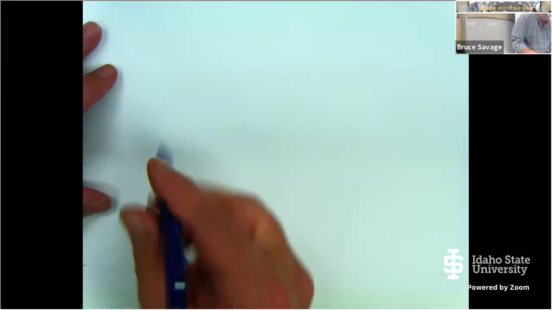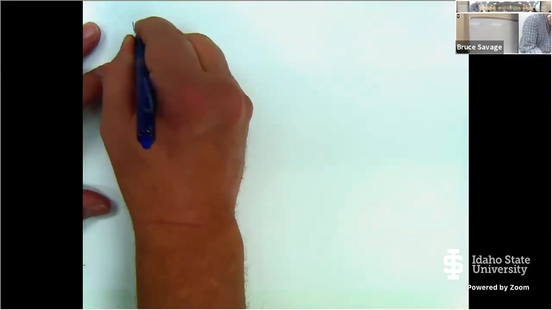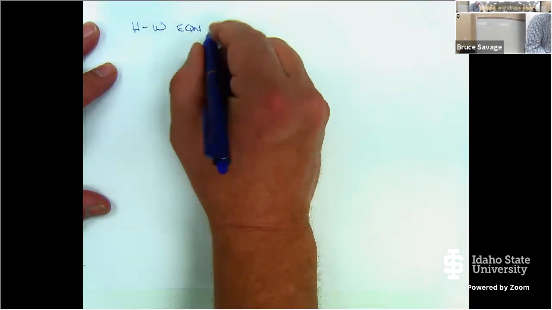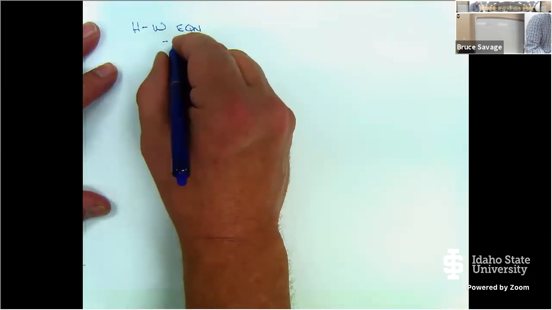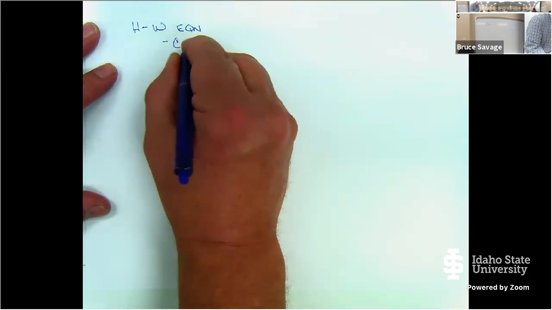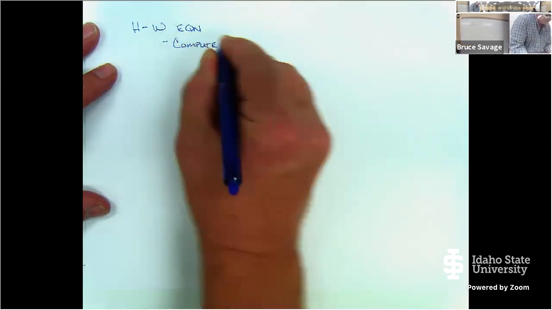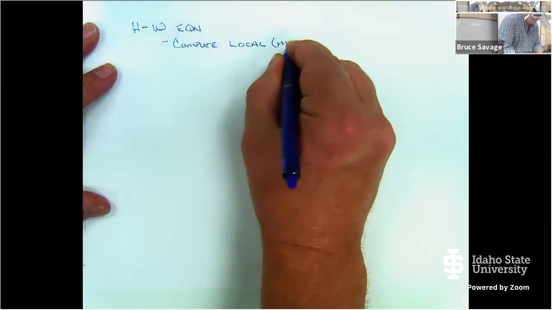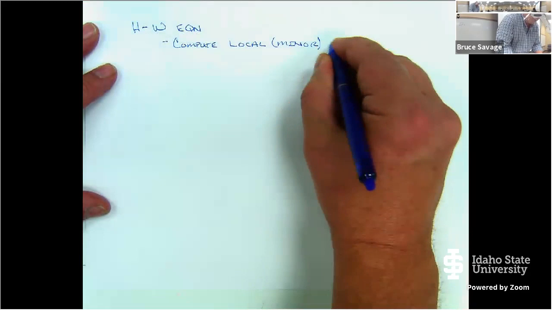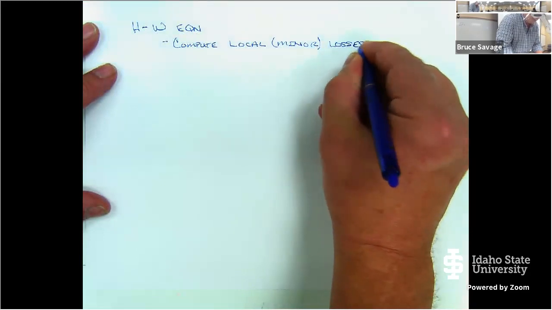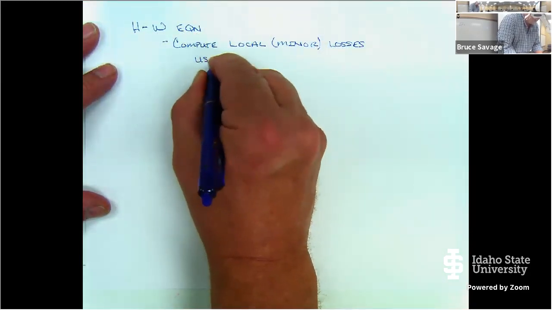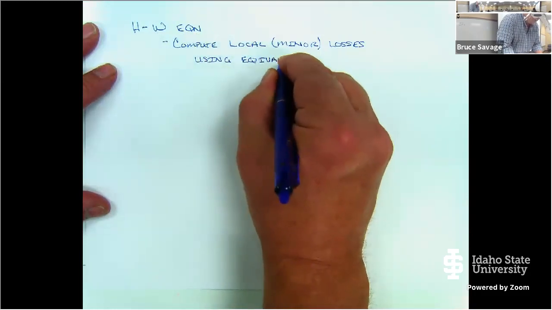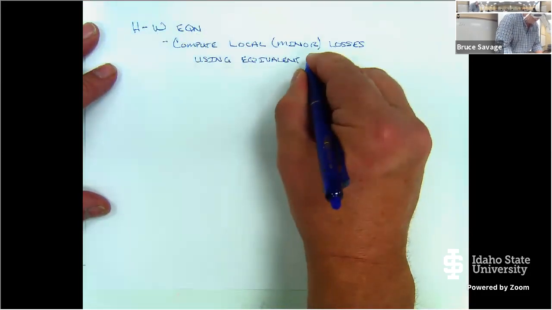So in the Hazen-Williams equation, we compute local losses or minor losses using equivalent lengths.